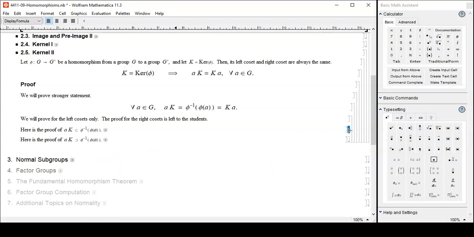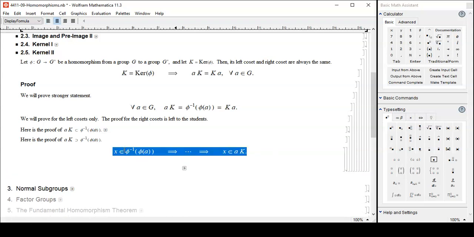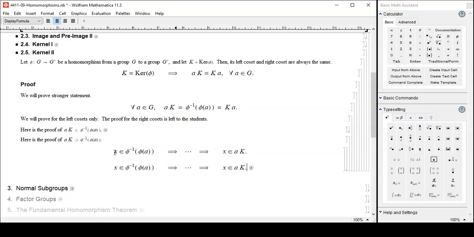Next, the other inclusion. Select any element x from here, and then we have to prove that it belongs to this coset. That's what you have to prove. Now, how do you re-express that? Let's see, what do you mean by x belongs to this preimage of phi of a?